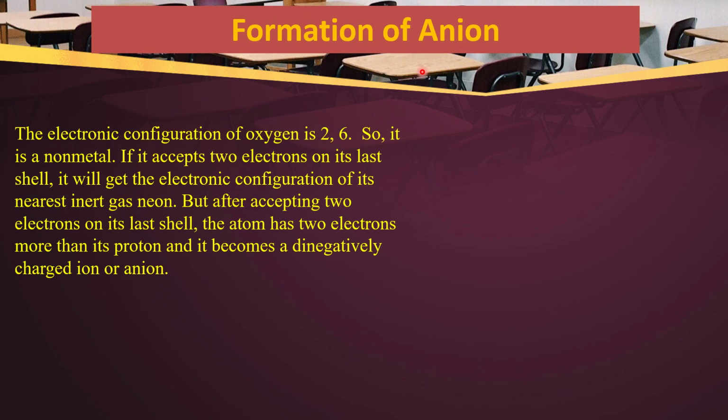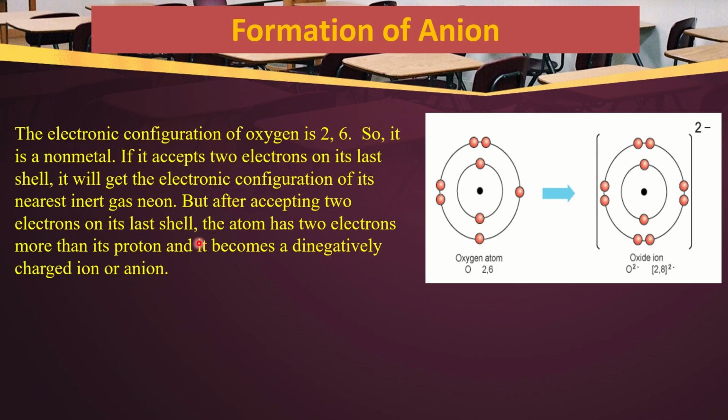Now formation of oxygen ion. Look, the electronic configuration of oxygen is 2,6. So it needs 2 electrons to gain stability. After accepting 2 electrons, it will get the electronic configuration of its nearest inert gas neon and gain stability, but it has 2 electrons more than its proton, so it will become a di-negatively charged ion or anion, because after accepting electrons it has 8 protons but 10 electrons.